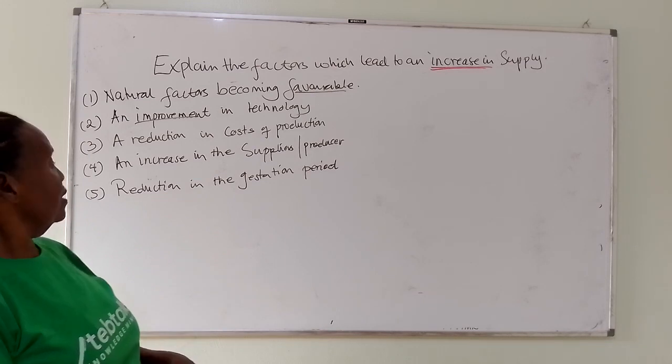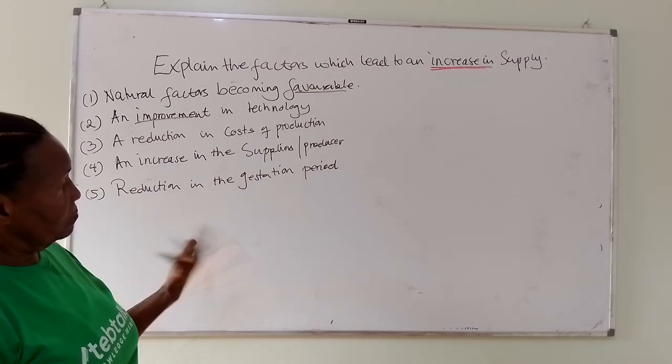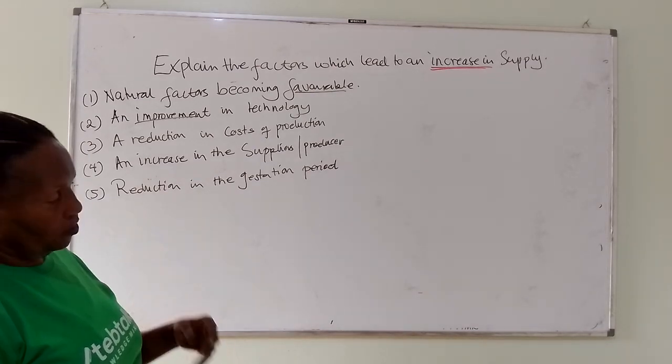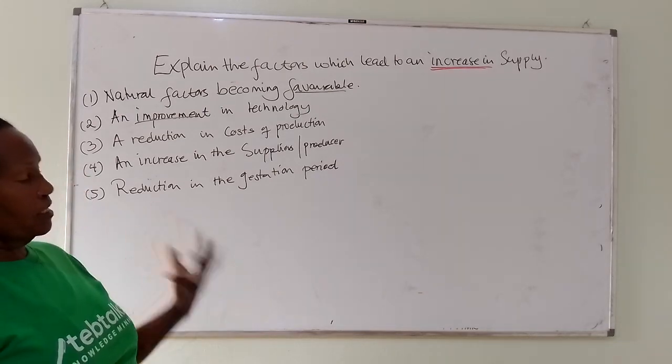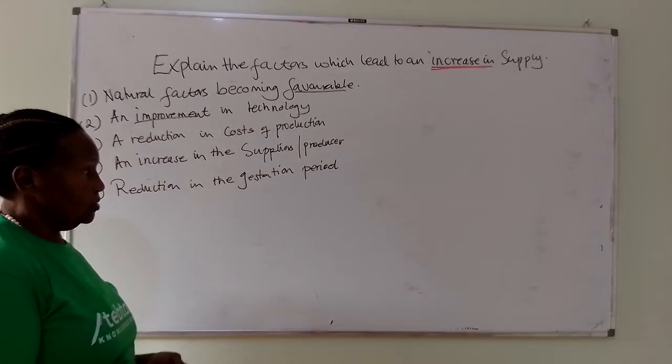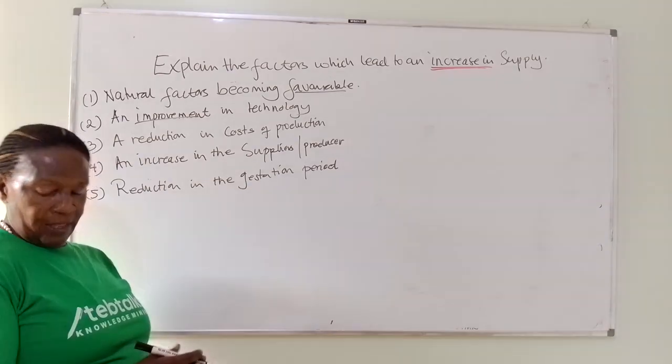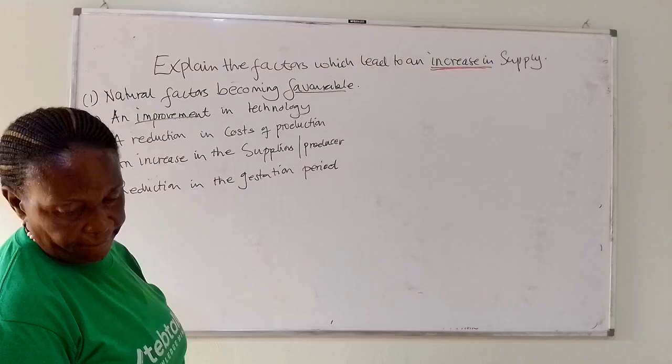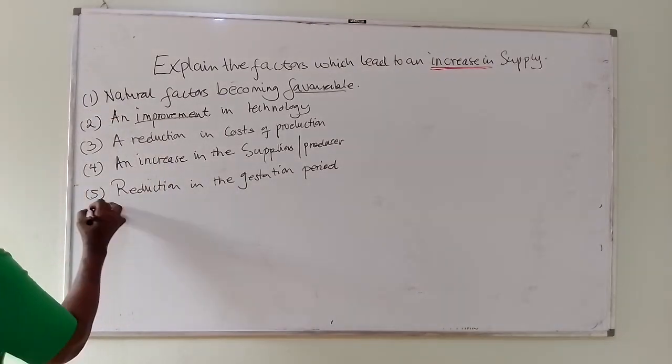Instead of having that coffee that takes 9 years before you are able to harvest, now we have the coffee which can be harvested just after 1.5 years. So there you can increase supply accordingly. Then favorable government policy.